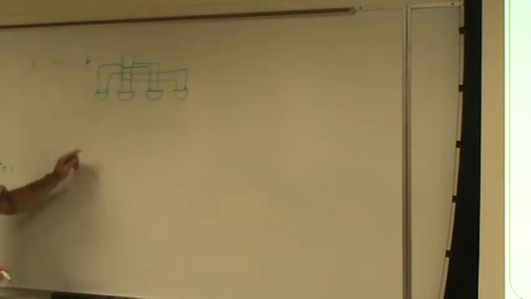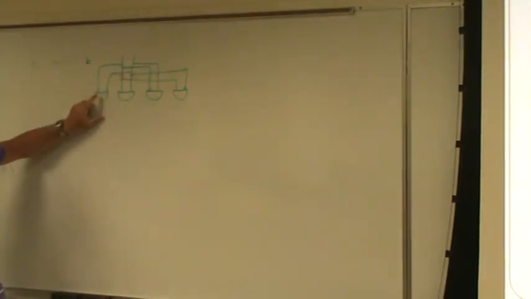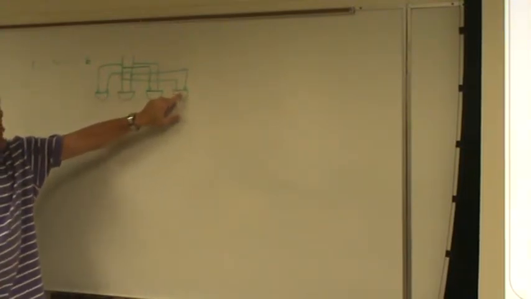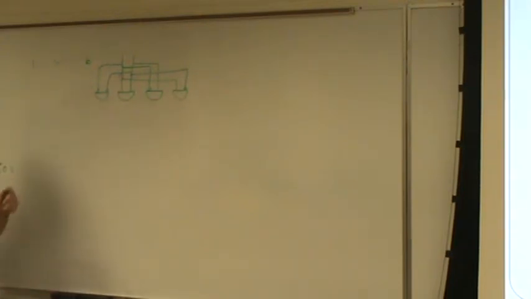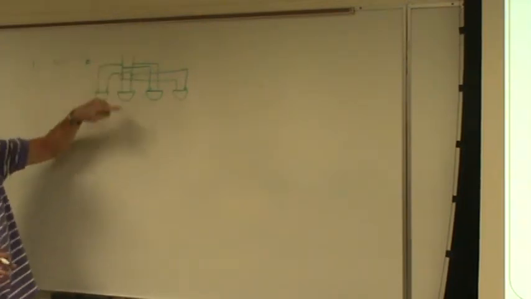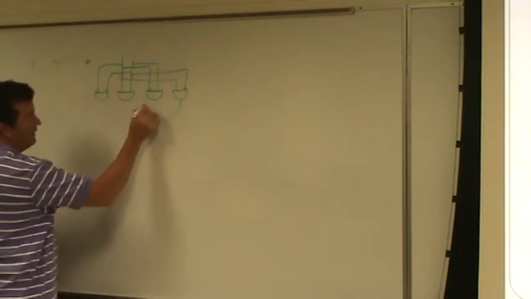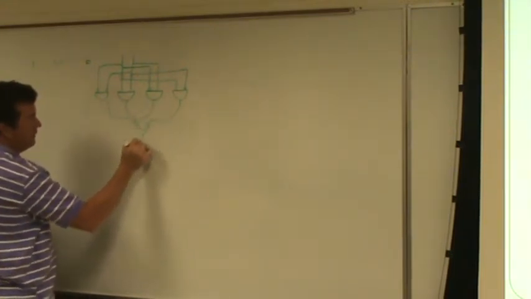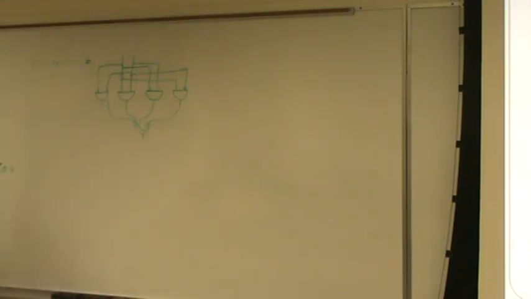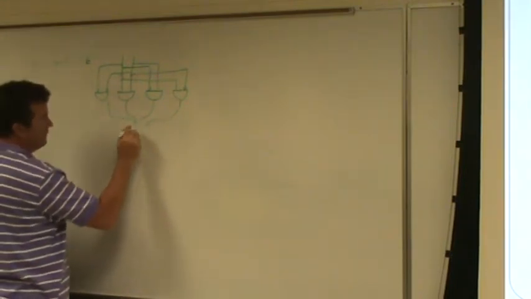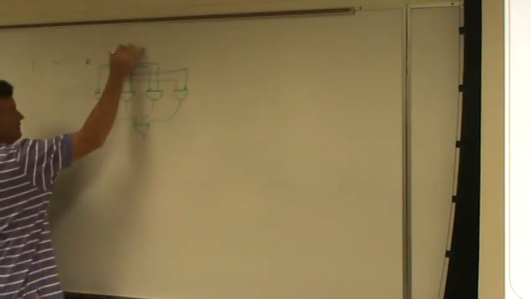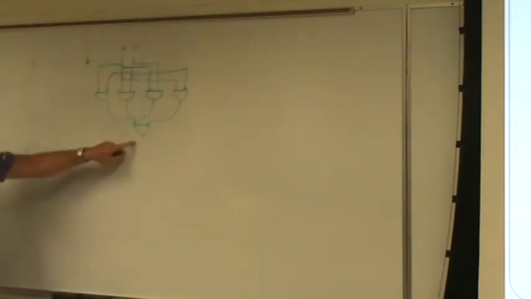Is it possible that they can both be zeros, both be ones, one be a 0, one be a 1, or the first one be a 0 and the second one be a 1? Is there any combination of inputs you can put here that would make, and I'll run all of these into a big AND gate, is there any way you could set these, say X and Y, so that a 1 will come out?